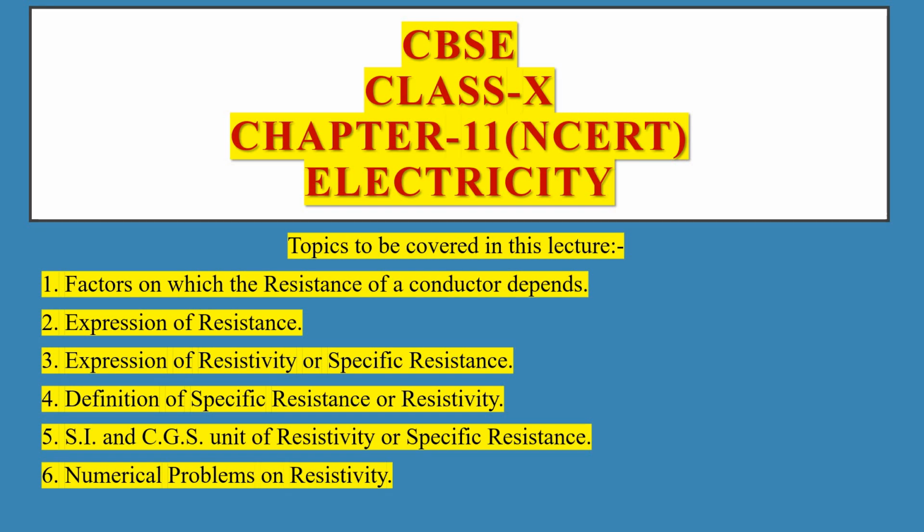Second, expression of resistance. Third, expression of resistivity or specific resistance. Then the definition of specific resistance or resistivity, CGS and SI unit of resistivity and specific resistance, and one numerical example on the calculation of resistivity. Let's start.